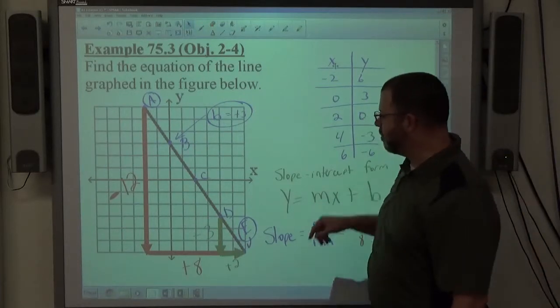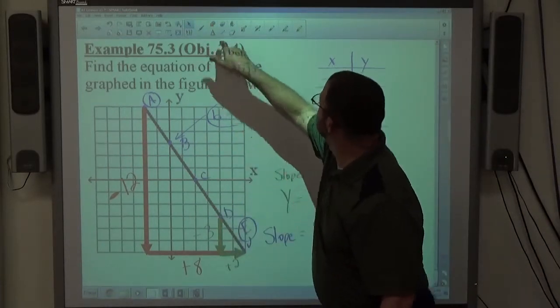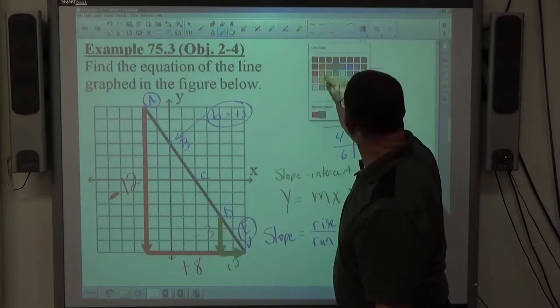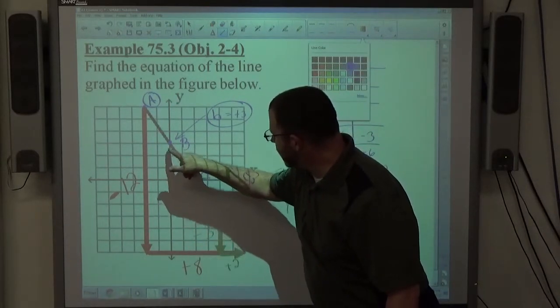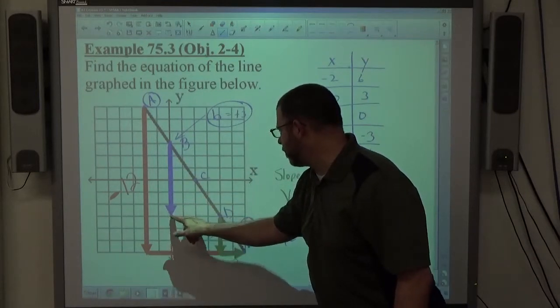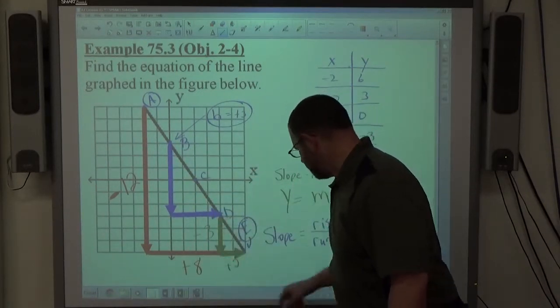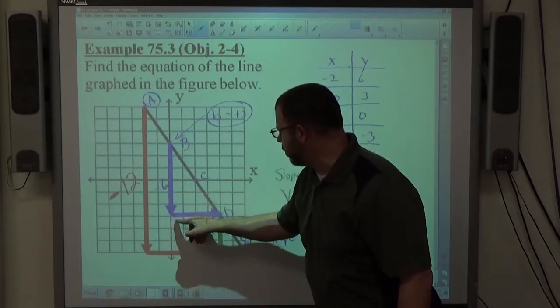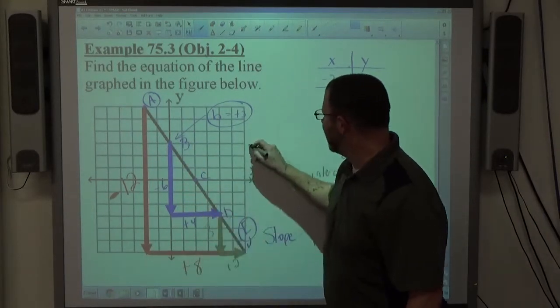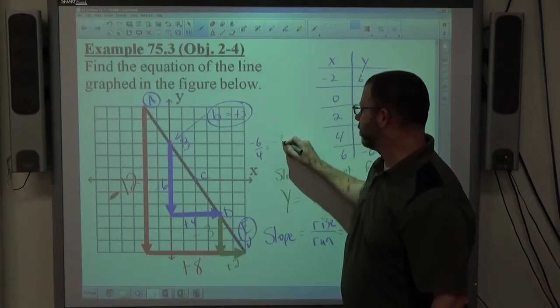If he had picked B and D, run out of colors here, let's go blue. From B to D, so down to the right floor, over to the right store. 1, 2, 3, 4, 5, 6 floors down, 1, 2, 3, 4 spaces to the right. Negative 6 over 4 reduces to negative 3/2.